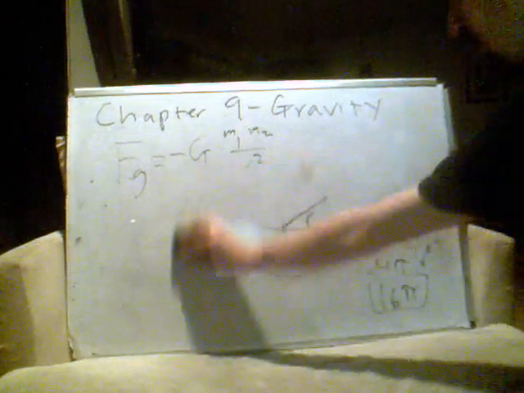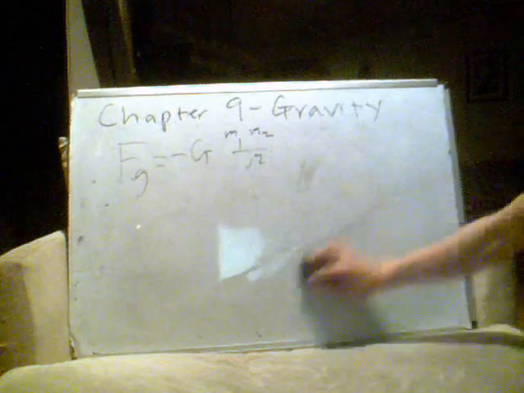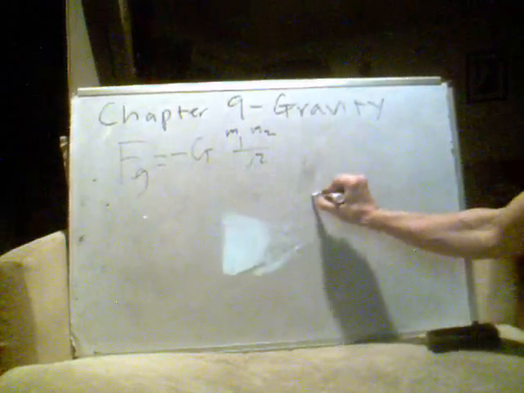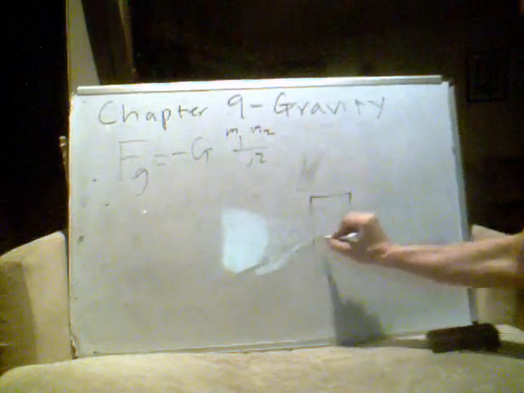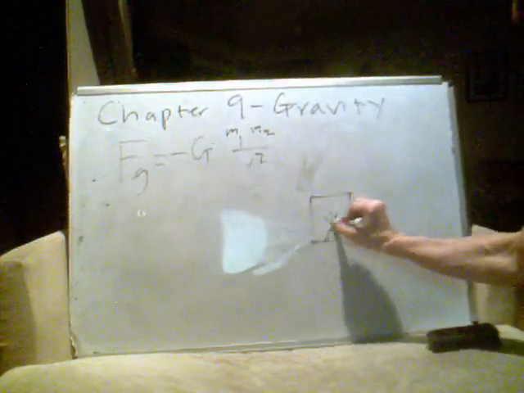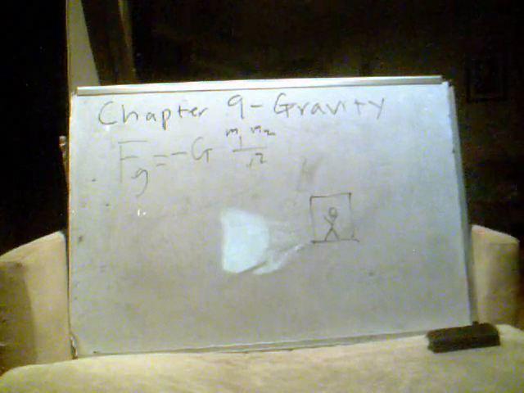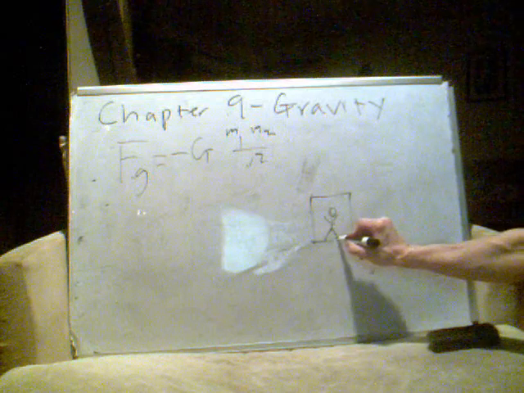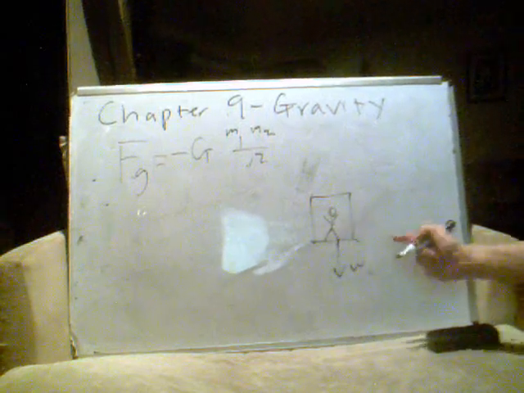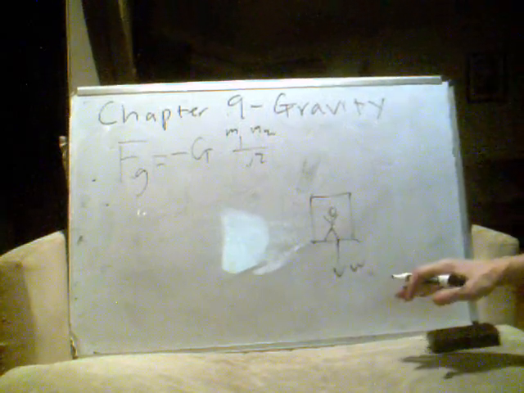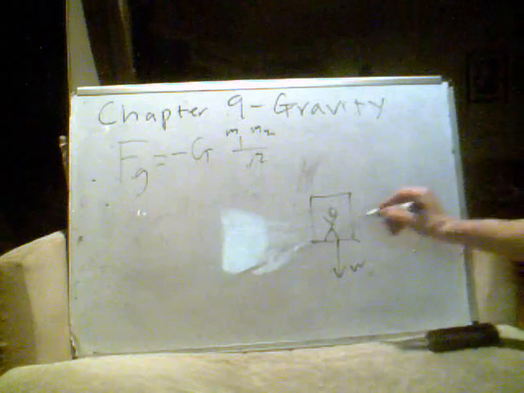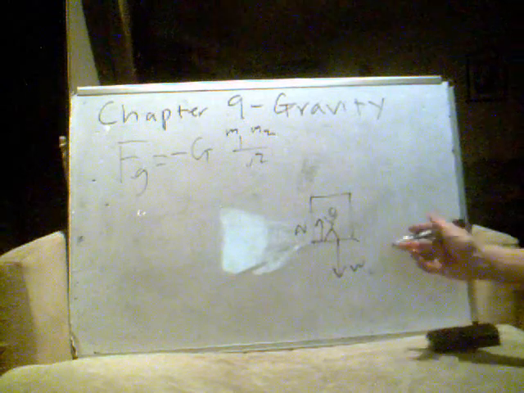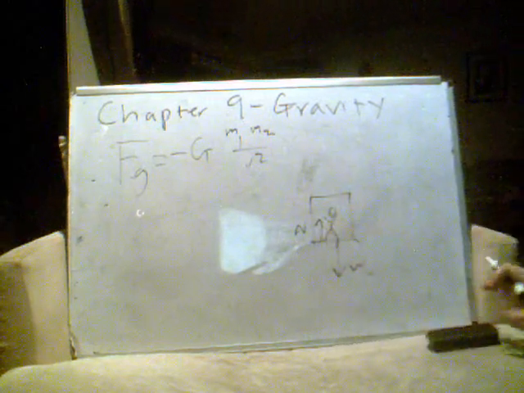Let's say you're in an elevator, and at first the elevator is not yet moving. Obviously, your weight is pulling you down. Gravity is trying to pull you down, and then the floor of the elevator is pushing up on you, the normal force, and these are going to cancel each other out.